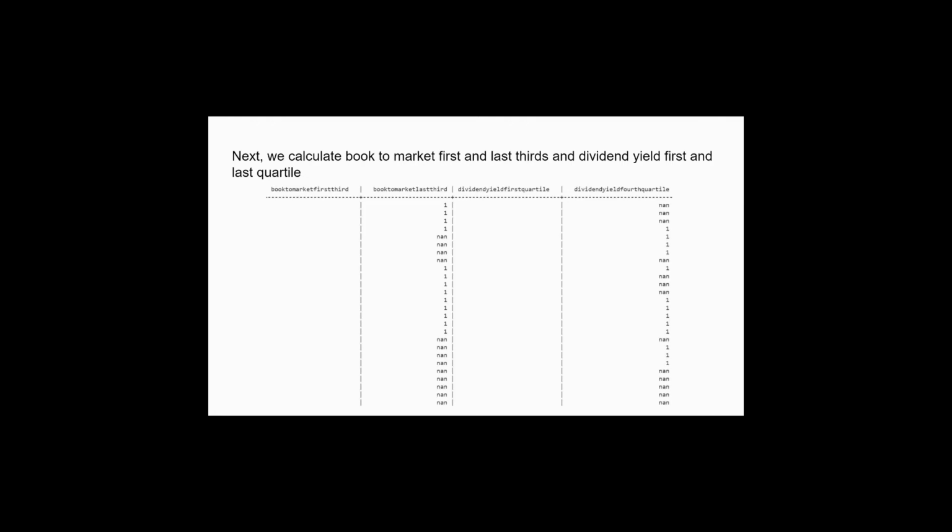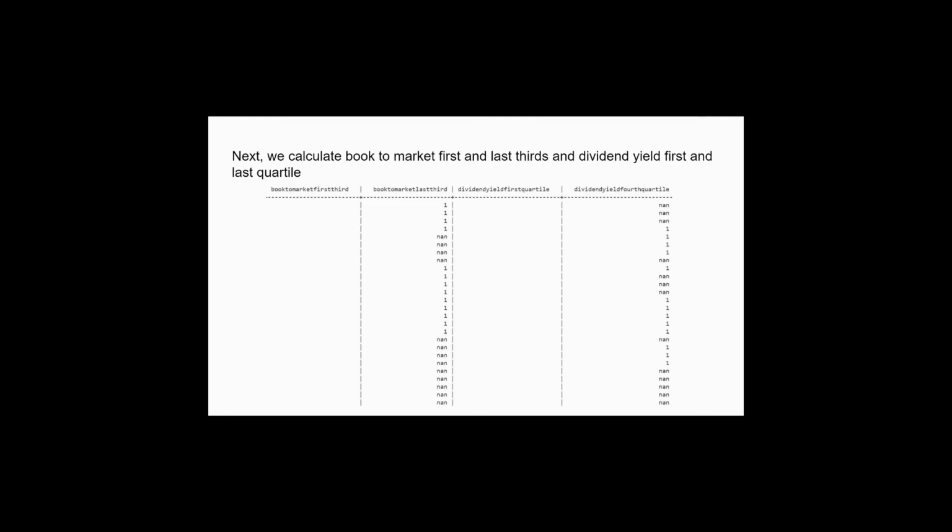If the book to market is in the last third, so that means it's the firms with the most book and the relatively least equity, that would be value firms, so long as the dividend yield is in the fourth quartile, because these are the firms that pay the biggest dividends.